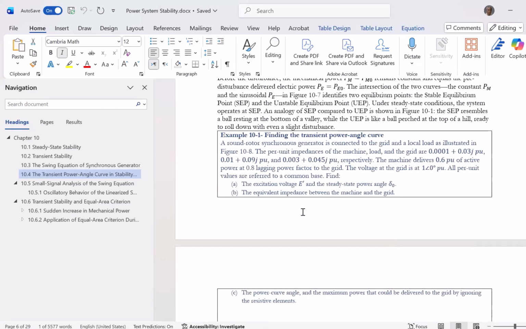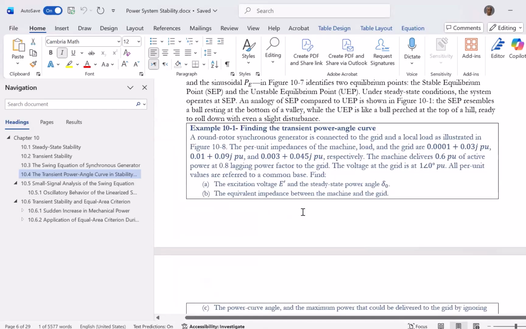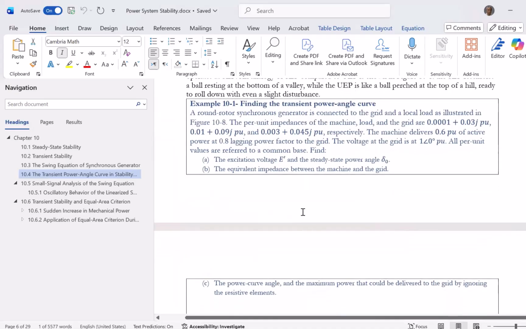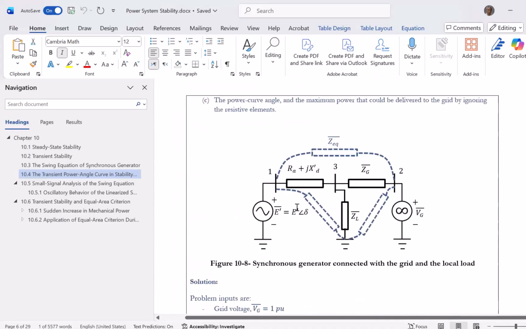Here we have an example. This example is about finding the transient power angle curve. We have a round rotor synchronous generator. This is the impedance of that generator, which is RA, the armature impedance, and XD prime, the direct axis reactance. I'm connected to an infinite bus.